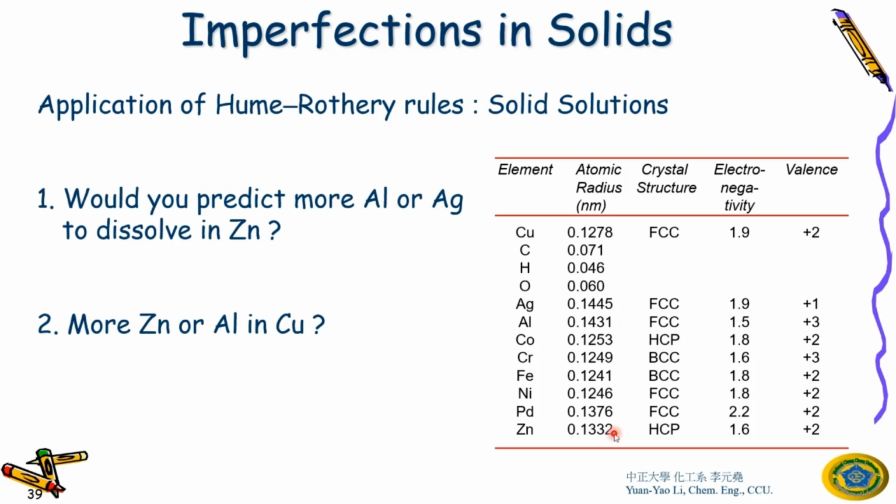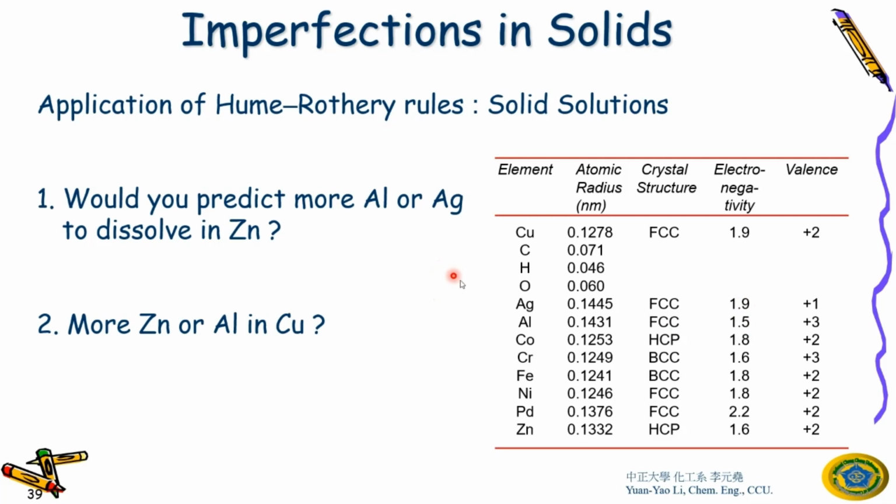Then the crystal structure: both are FCC, and these two are not the same as HCP, so they don't fit. Now let's look at electronegativity. This is 1.9, this is 1.5.